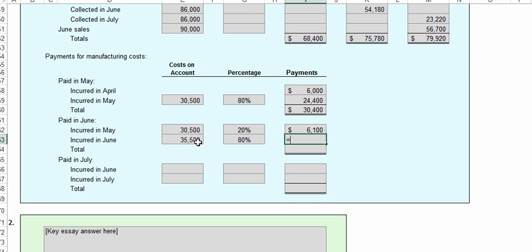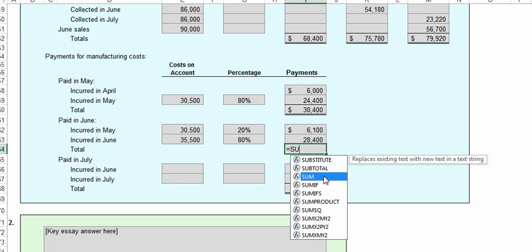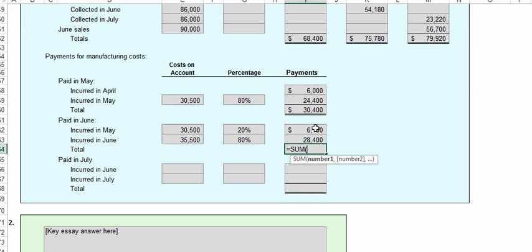So that's equal to $35,500 times our 80%, or $28,400. So manufacturing costs paid in cash in June, 34,500.